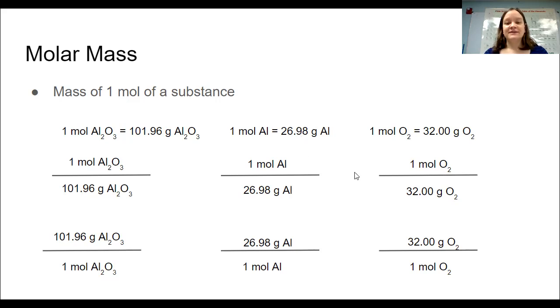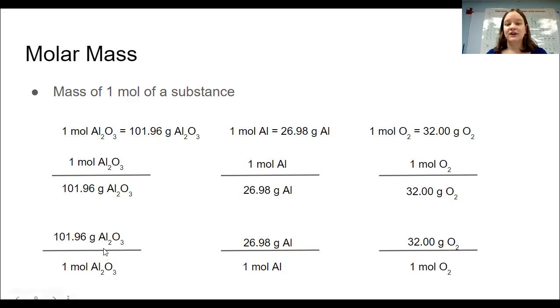I just let you be a little bit lazy. So if your answers are not exactly matching, it may be a rounding error, just that you go to 102 and not 101.96, for example. So we have 1 mole of aluminum oxide is 101.96 grams.